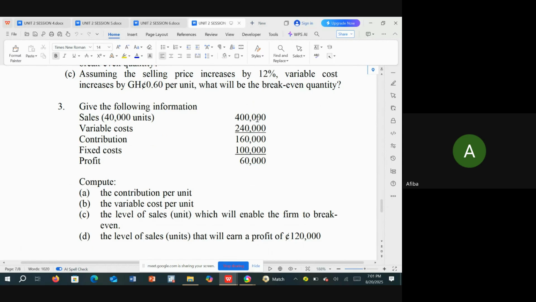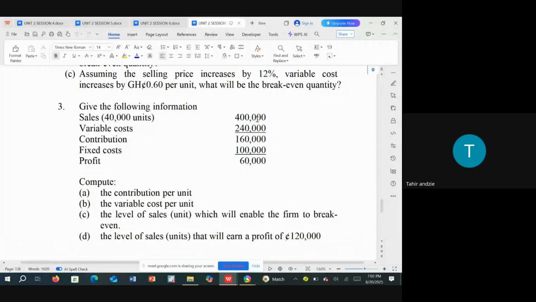It's 10 cedis. So what is the contribution per unit?